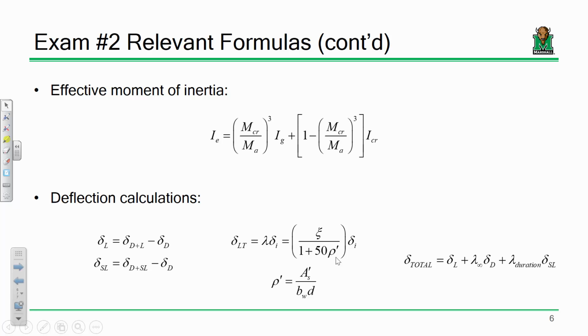So you could use this formula and say, okay, my delta sustained live load is going to be lambda times the duration times that. I guess I should say, long term, right? And then my dead long term is going to be lambda times infinity because it's an infinite duration times that. And so I'm using this expression right here to generate this one.